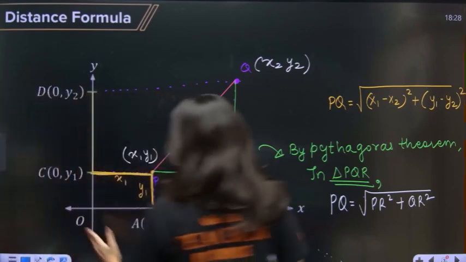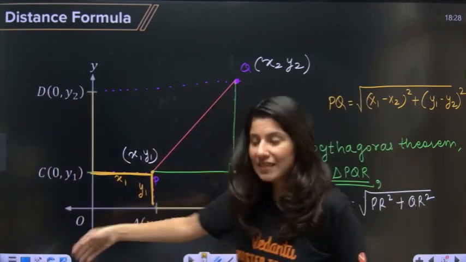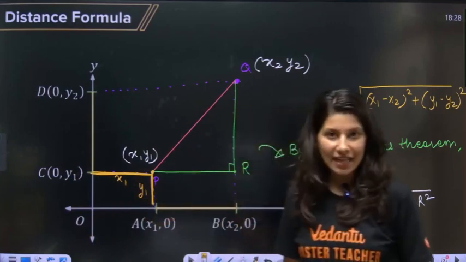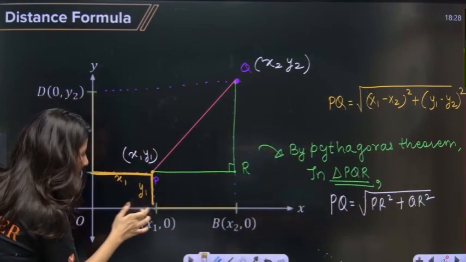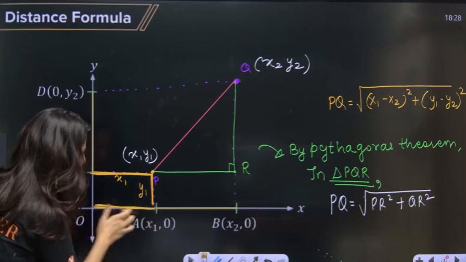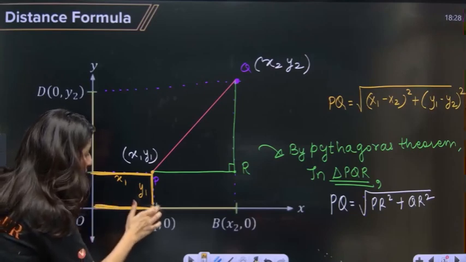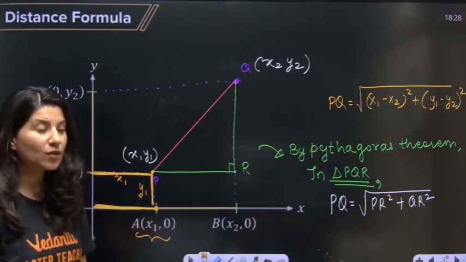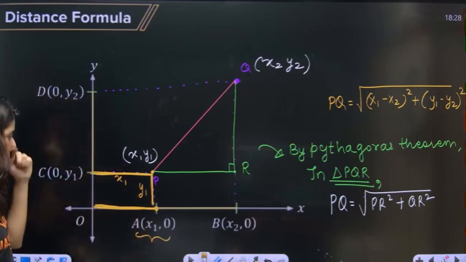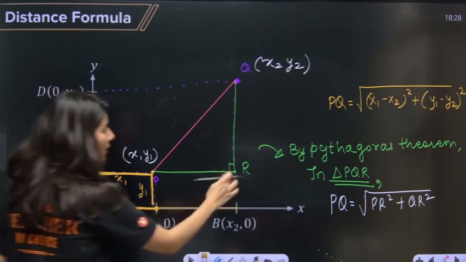Horizontal distance is from the y-axis and vertical is from the x-axis. If this distance is x1, then this distance will also be x1, and so the coordinate of point A is (x1, 0). Everybody, yes? Now what about this R?